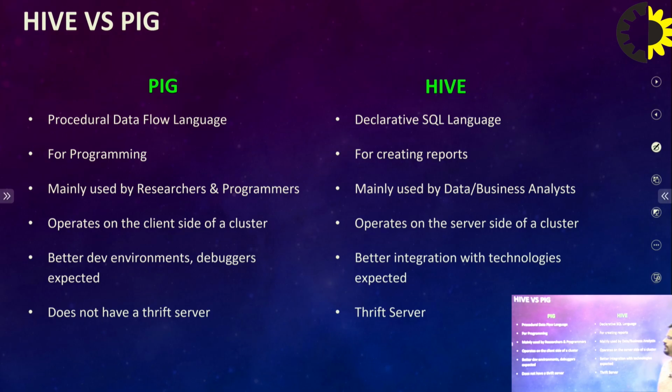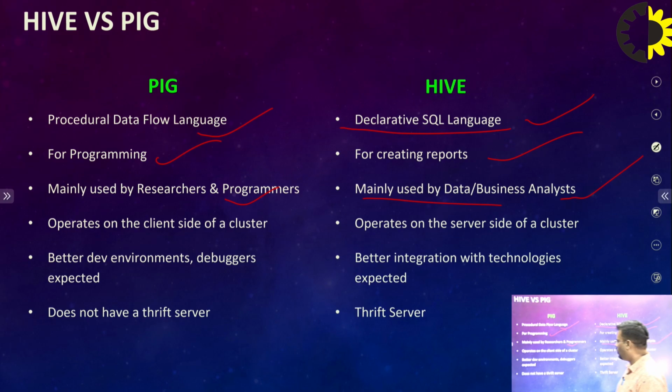Next, what is the basic difference between PIG and Hive? PIG uses a procedural data flow language, but Hive uses a declarative SQL language. PIG is used for programming and Hive is used for creating reports. PIG is mainly used by researchers and programmers, while Hive is mainly used for data and business analytics.